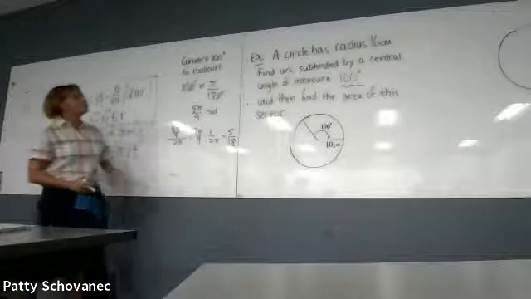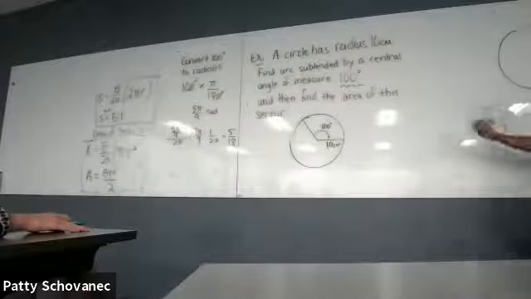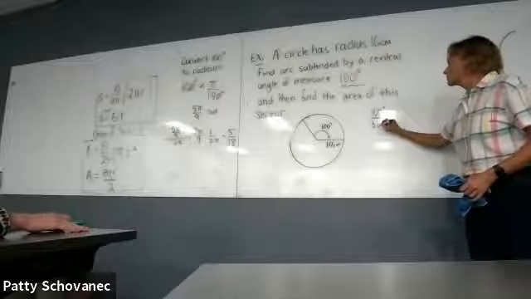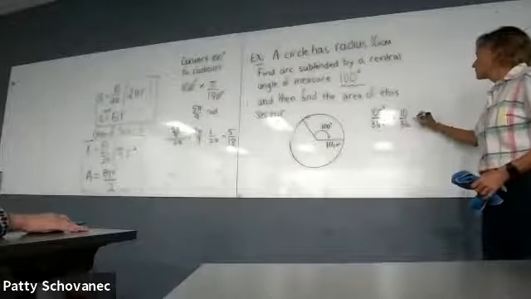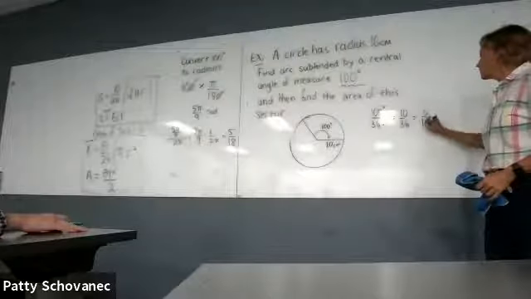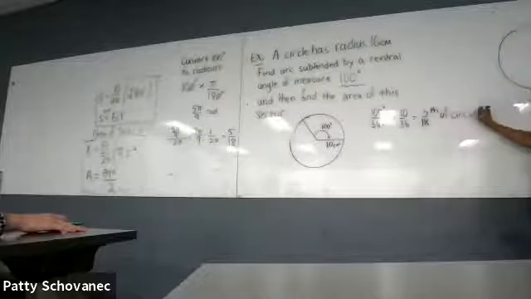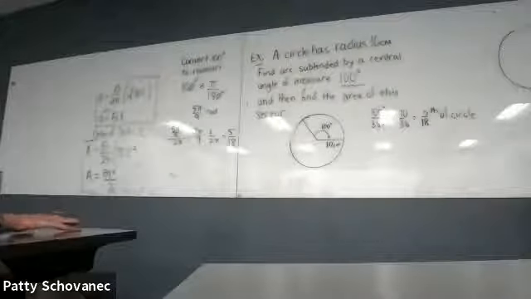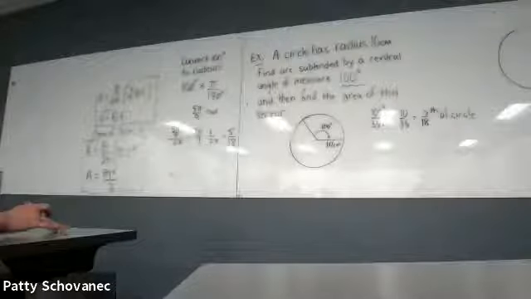Just like we got when we took 100 degrees and divided it by 360. So either way you want to look at it, find the part of the whole circle represented by the sector, then multiply it by either circumference or area, depending on which one you want.